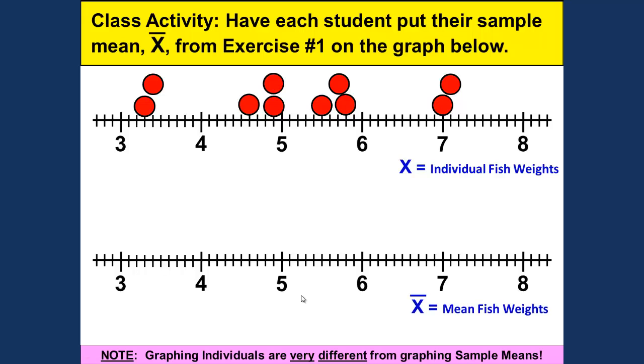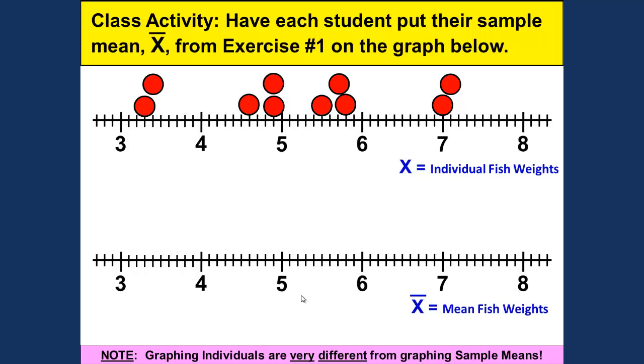A last class activity, because this activity was actually meant to be done for an entire class, is to have each student put their sample mean x bar from their exercise on the graph below and have each student in the class do so.